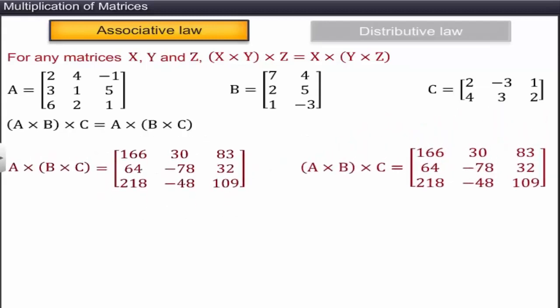Both the matrices are equal. We can see that the multiplication satisfies the associative law.